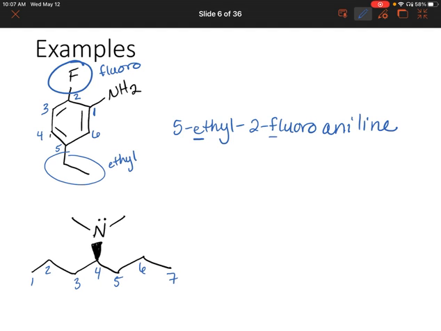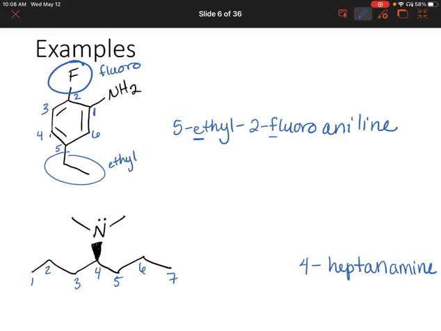Okay, we have 7. So normally we would call that heptane, but we do have an amino group there. So I'm going to end this in amine. And I also want to indicate the location of the amine, so that's on carbon 4, no matter which way we number it, left to right or right to left.